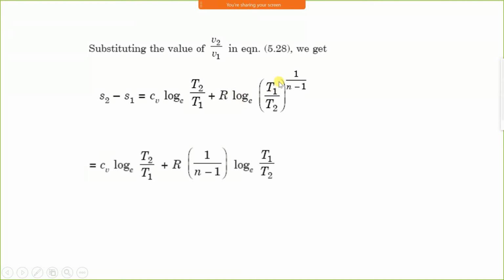Now this is a log. Consider this is x and this is n. Then log x raised to power n is n log x. Whenever there is a log, we can take down the power. Therefore, Cv ln T2 by T1 is as it is. Then in this term, the power is taken below, that is R times 1 upon n minus 1 log base 2 T1 by T2.